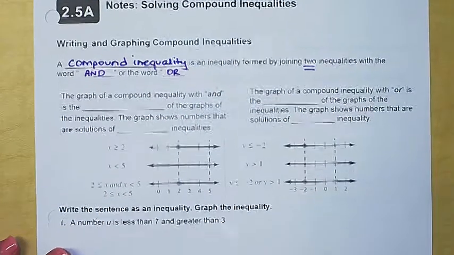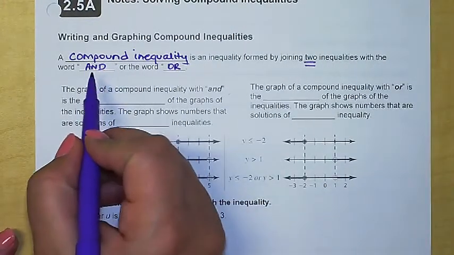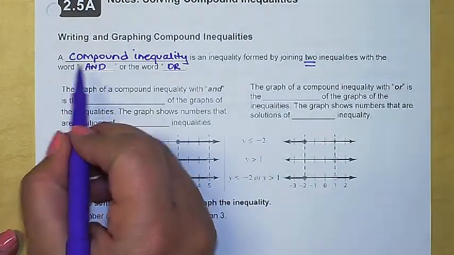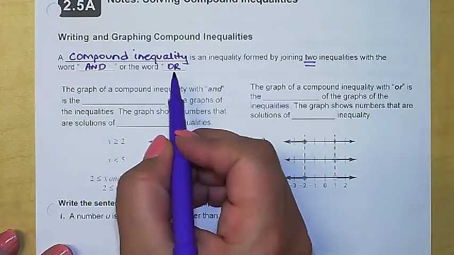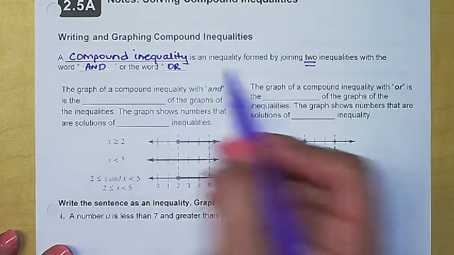So there's two different kinds. There's the type of statement where we say there's these two inequalities that one and the other has to be true. And then the other type is where we have an inequality and we say this or this must be true.